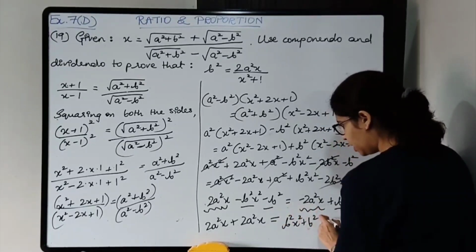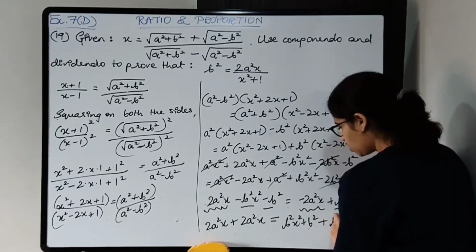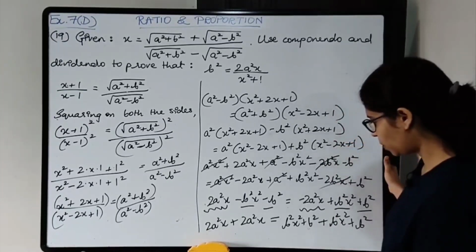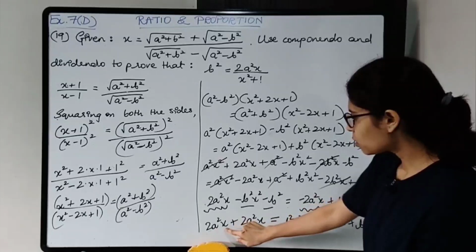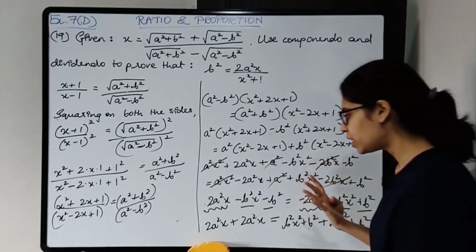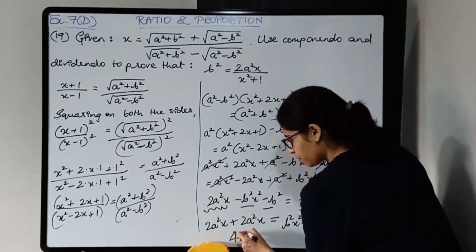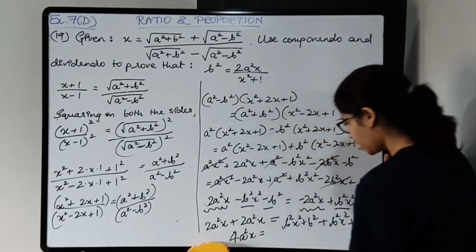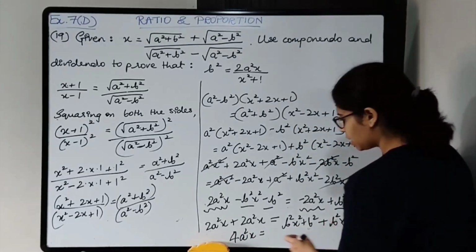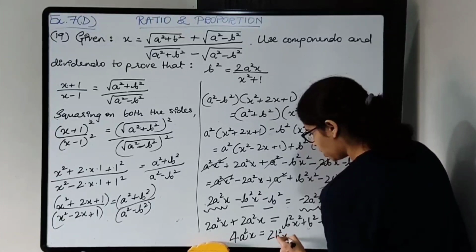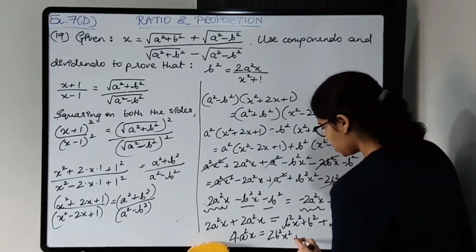Okay. And shifting this over here, plus b square x square plus b square, the signs will change. Okay. 2a square x plus 2a square x gives 4a square x. B square x square plus b square x square, 2b square x square, and over here b square plus b square gives 2b square.